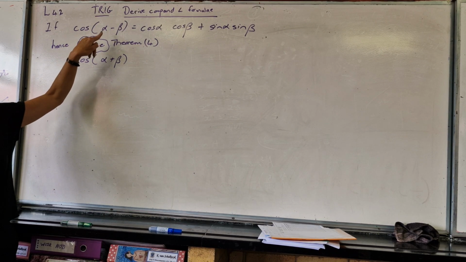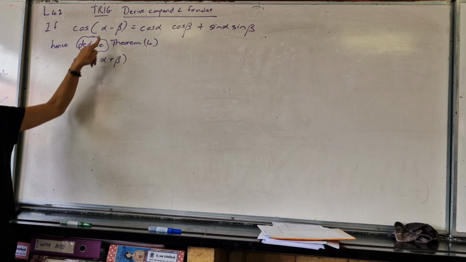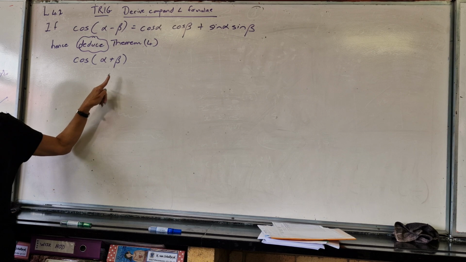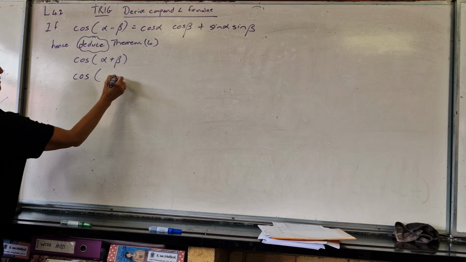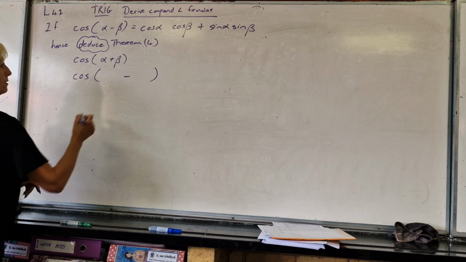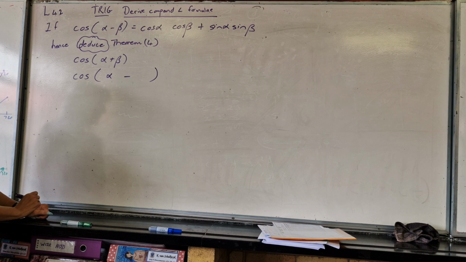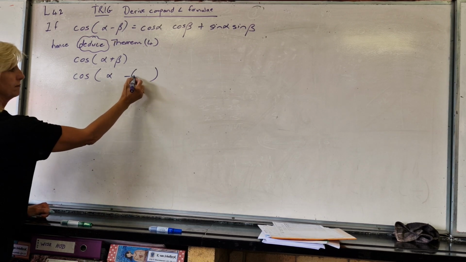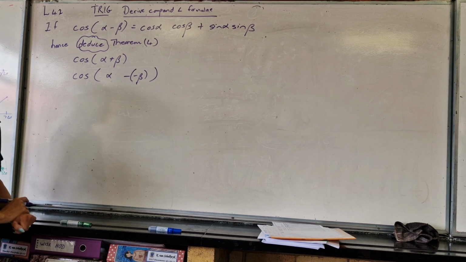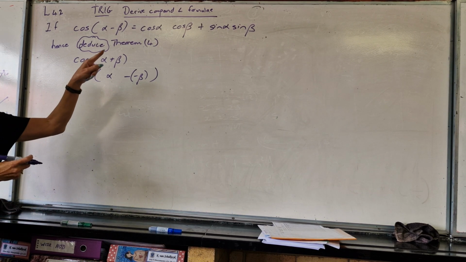The knowledge that we have is that if there is a cos and 2 angles with a minus in between, then I've got to adjust this a little bit and make a cos with a minus in between. Now, how on earth am I going to get that? We're going to say alpha stays alpha, and then what do we do here to still get to plus beta? Remember that? You're forcing it to where you want it to be.